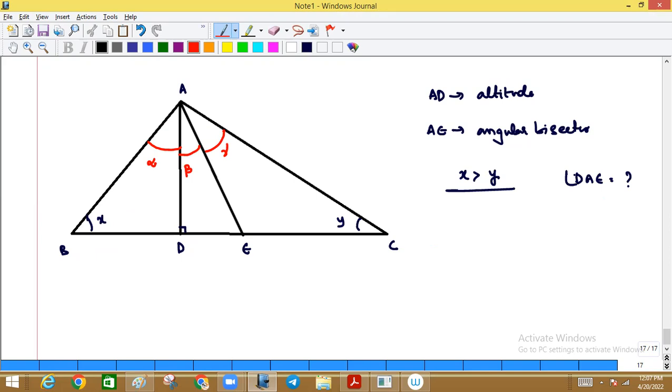Can you tell me what is alpha? It is 90 degrees minus X degrees. Very good. What is beta? It is 90 minus Y. Can I say so? Yes or no? Can you tell me what is gamma? See, gamma is angle A by 2.